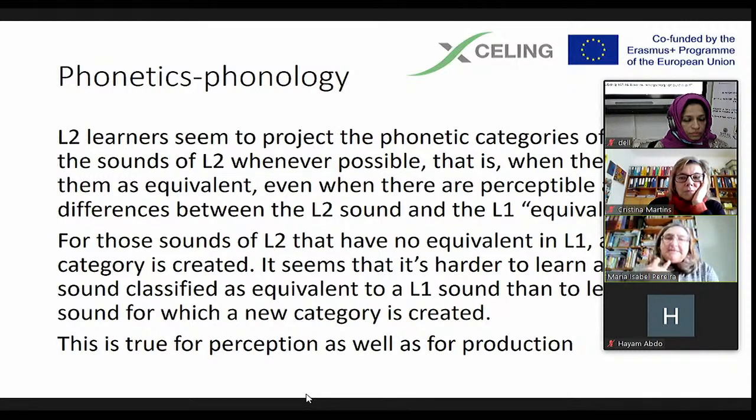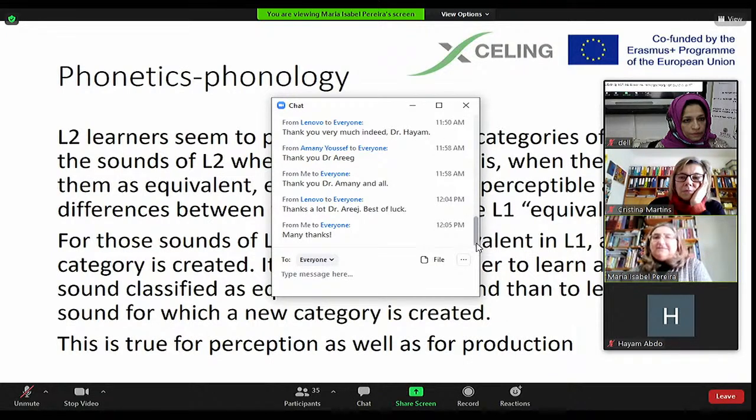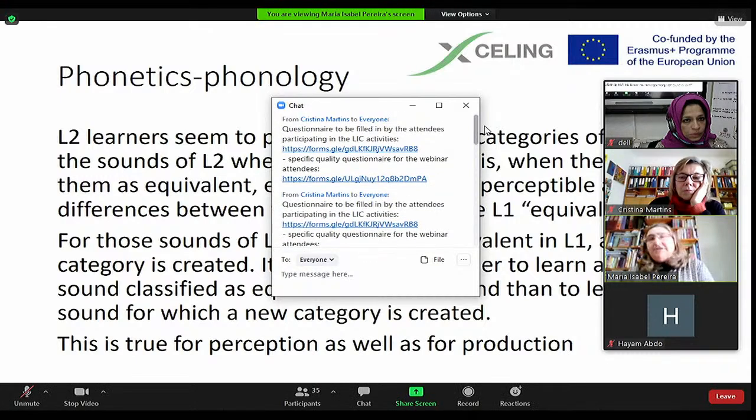And it seems that it's harder to learn an L2 sound that is equivalent to an L1 sound than to learn a completely different sound. For that, a new category is created, so more attention from the learner is given to the learning of that sound, and to the accuracy of the articulation or of the perception of that sound.